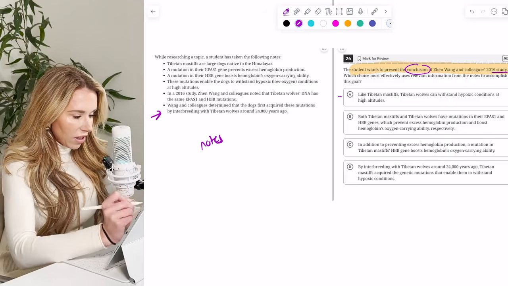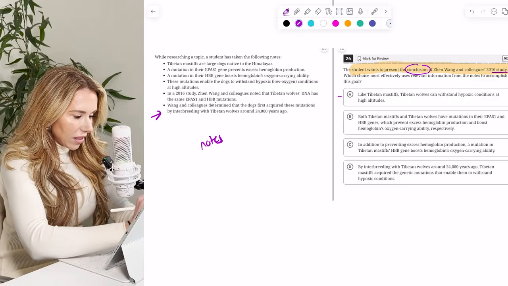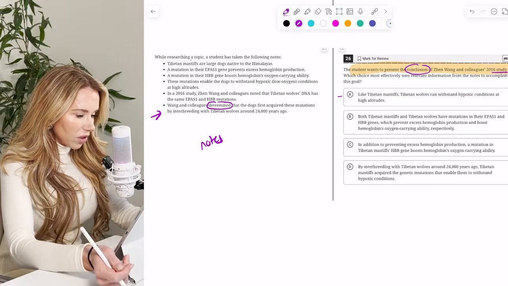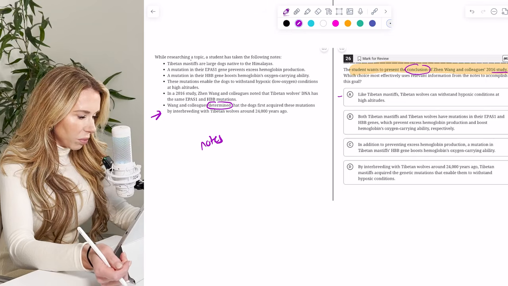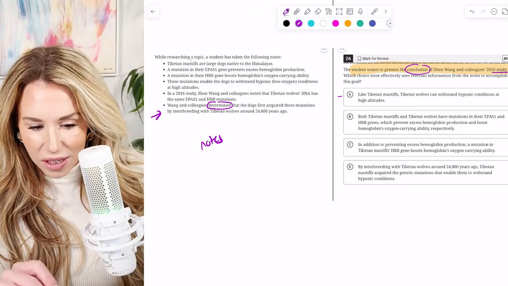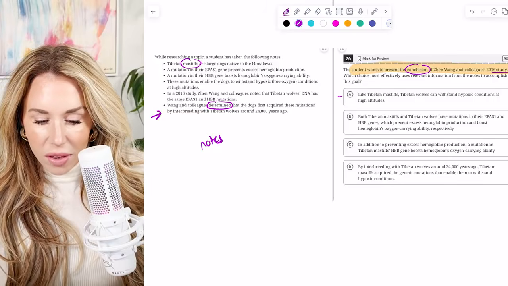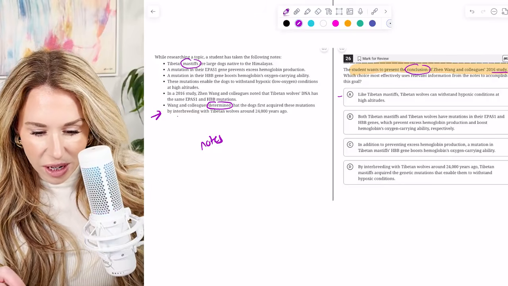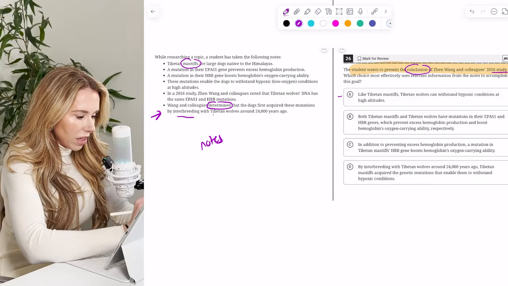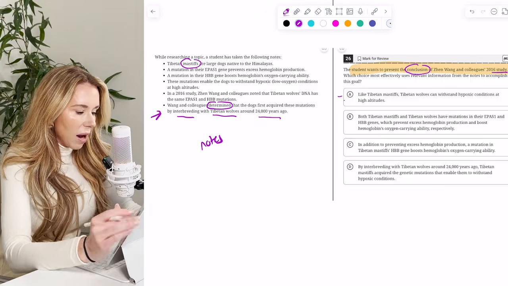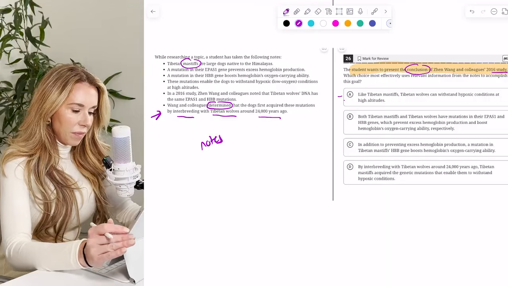So when I go over here, it says Wang and colleagues determined, that's a synonym for conclusion, that the dogs first acquired these mutations by interbreeding with Tibetan wolves. Now, when they say dogs, they're talking about the mastiffs. So the dogs acquired those genetic mutations by interbreeding with Tibetan wolves around 24,000 years ago. Okay, I want to look for something that says that.